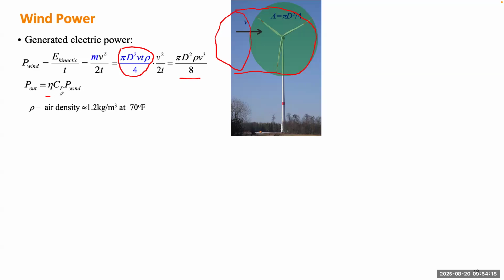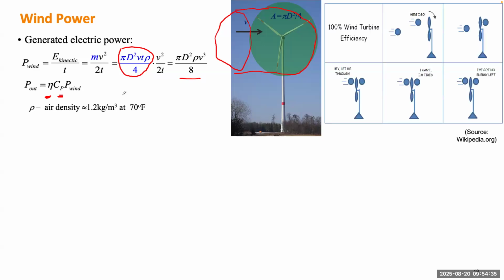So there are two factors on efficiency. The first one depends on design. This one can be close to 100% if you design very well. But the second one is a theoretical efficiency limit. That one can hardly go beyond 50%. So why? Let's use this example from Wikipedia.